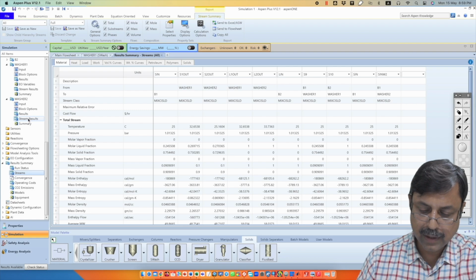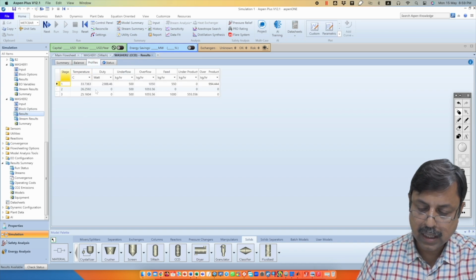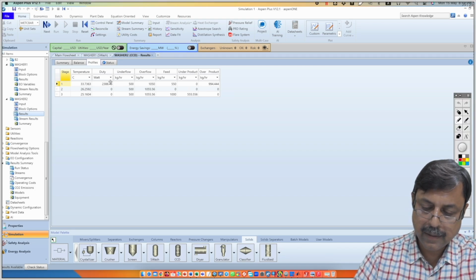So if you see the results over here, the profiles of washer 2, here you will find the temperature of stage 2 as well. So you can see the entire heat duty has been given in stage 1. So stage 2 and stage 3 don't get any heat duty.